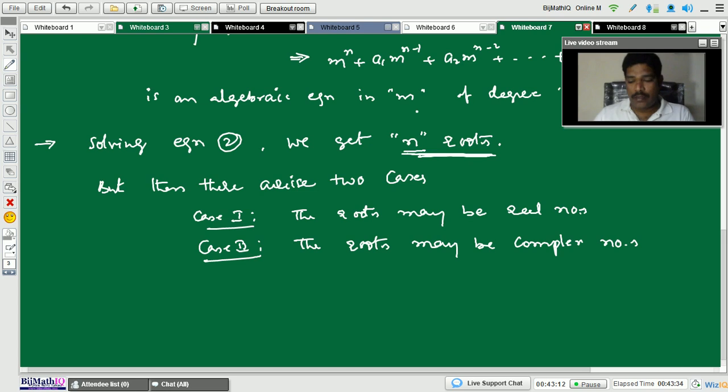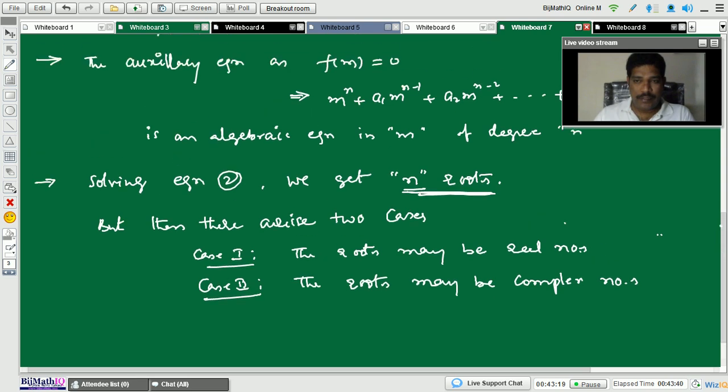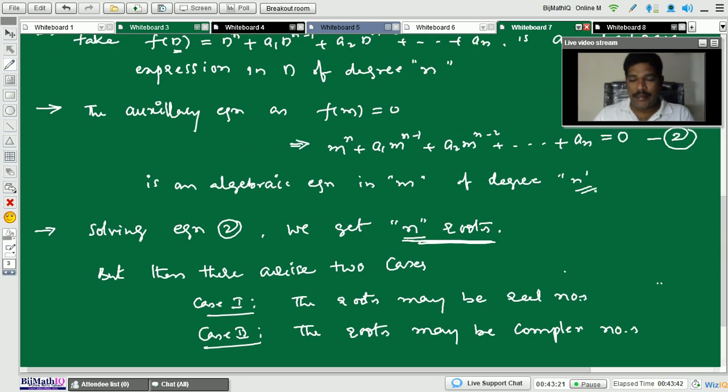You will get n roots, because the algebraic equation is of degree n, so we will get n roots. If degree 2, then we will get 2 roots only. We will discuss some examples later.